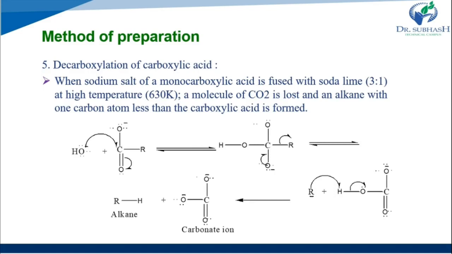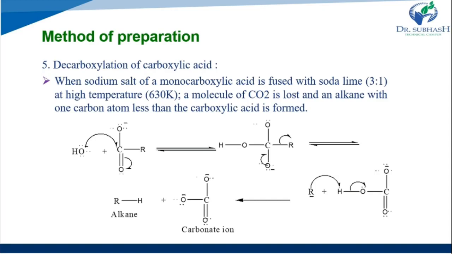The fifth reaction is decarboxylation of the carboxylic acid. When the sodium salt of a monocarboxylic acid is fused with soda lime in the ratio 3:1 at a high temperature, a molecule of CO2 is lost and an alkane with one carbon atom less than the carboxylic acid is formed.